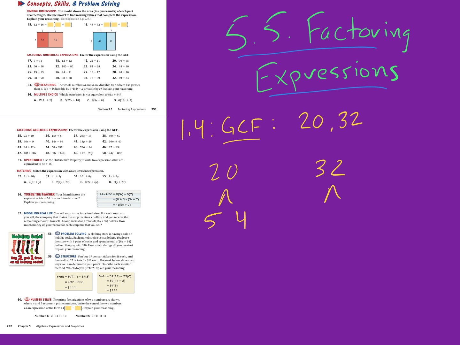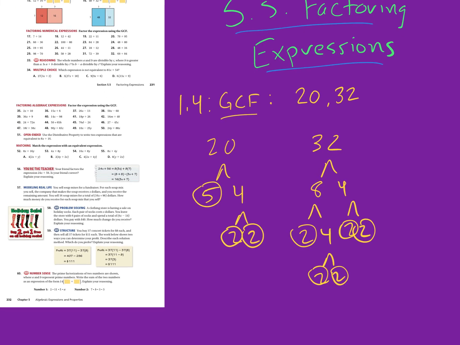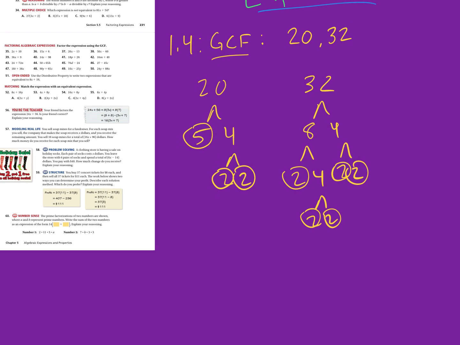I'm going to break this down, circle my prime factors, do the same thing over here, circle my prime factors, and then I'm going to list the prime factors next to my 2 values. So for 20 I have 5 times 2 times 2, and for 32 I have 2 times 2 times 2 times 2 times 2.